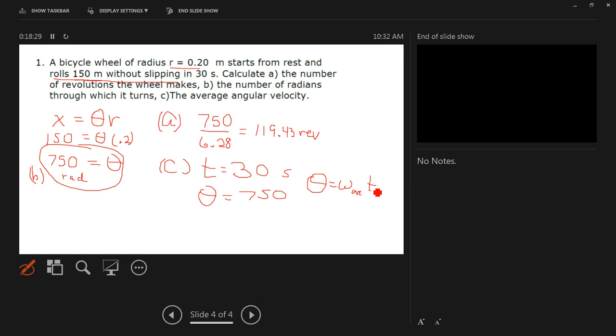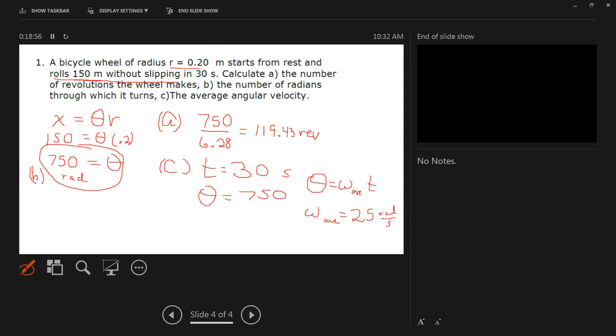Theta equals omega average t. Go ahead and plug that in there and find that omega average is what, 25 radians per second. And oh, that's what we're looking for in C, isn't it? Okay, oh, that's good. So that wasn't too hard, was it?